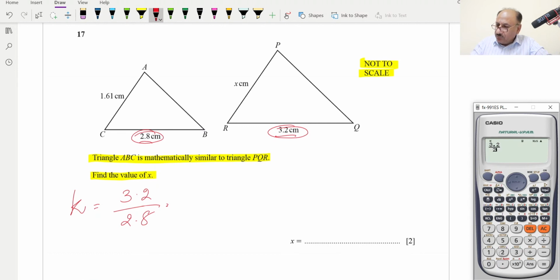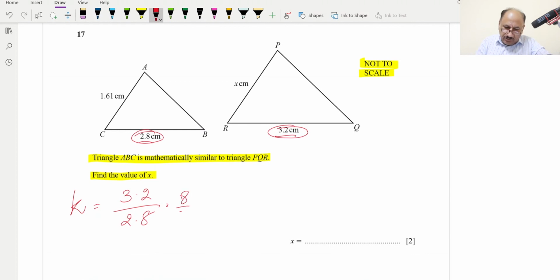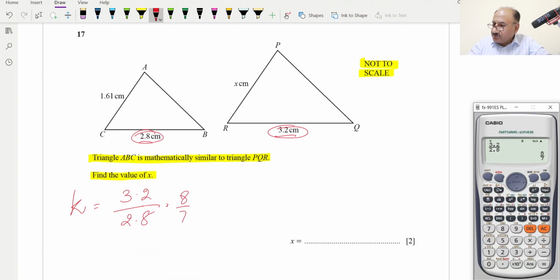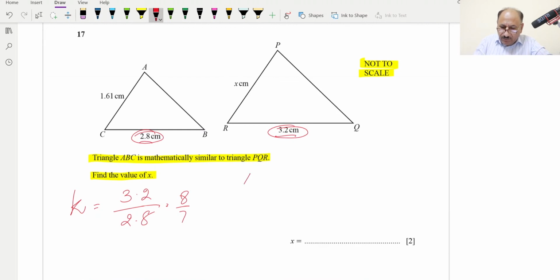3.2 is divided by 2.8, and this is equal to 8/7, because the other is decimal. Otherwise the option will be decimal, and decimal is having a lot of numbers, so we will not be taking that option. So I'm using 8/7. So this value we will be multiplying: 1.61, which is this side, will be multiplied by 8/7 to get the answer for this x.